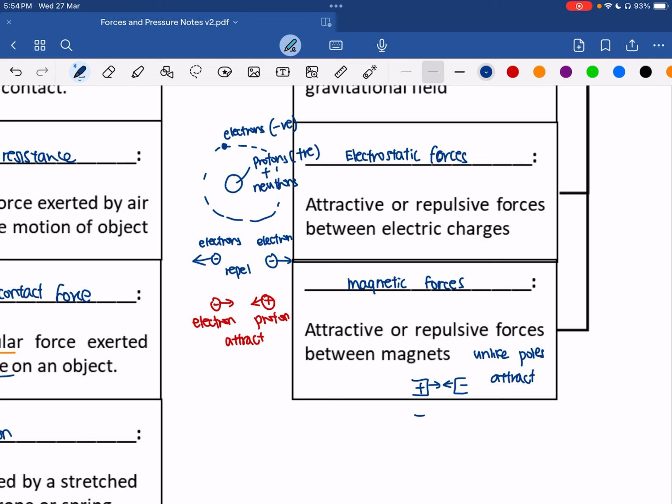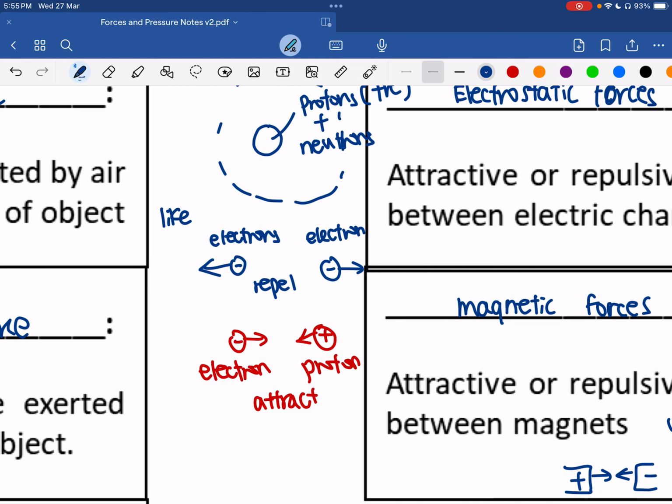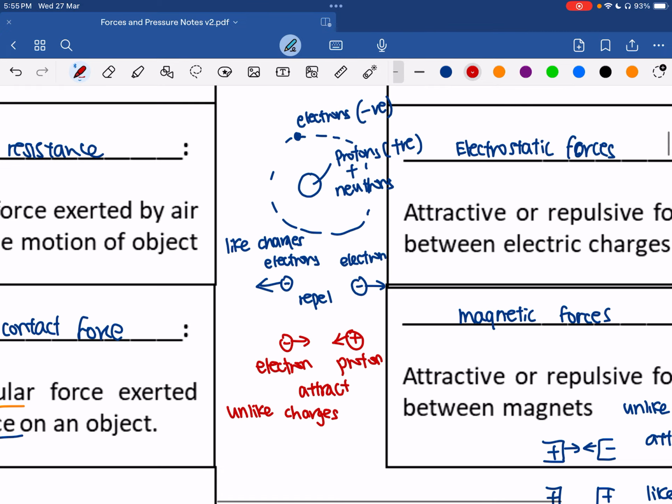Like poles will repel. So it's similar to your electrostatic forces. If you have like charges, they will repel. If you have unlike charges, they will attract.